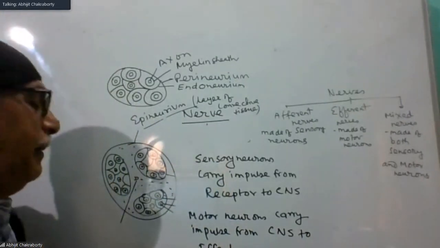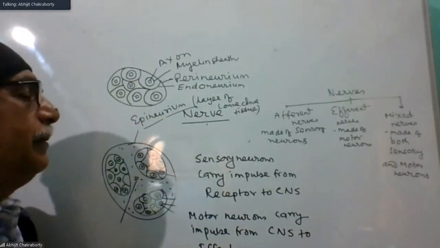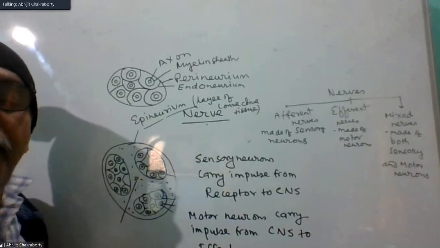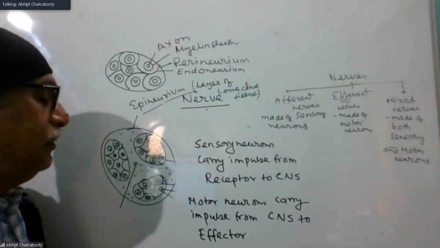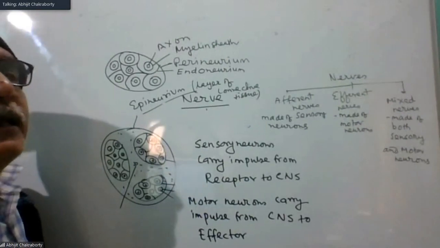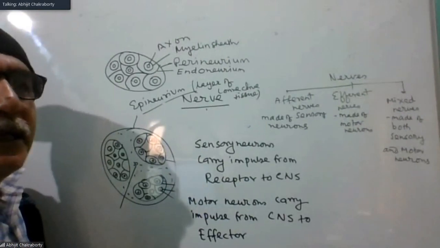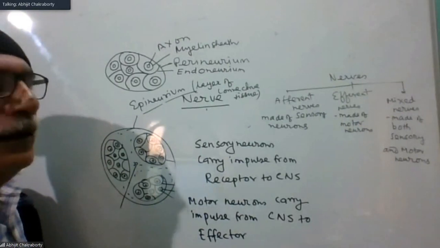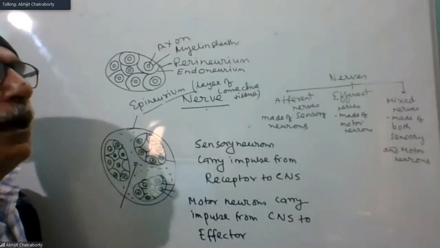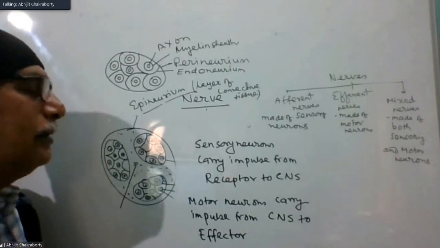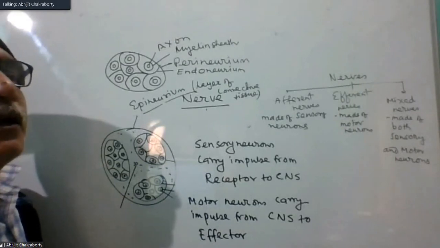Sensory neurons carry impulse from receptor to central nervous system. Motor neurons carry impulse from CNS to effector. Effector means gland, maybe muscle. They are the effectors. So instruction from the central nervous system comes to the effector, the muscle or glands.